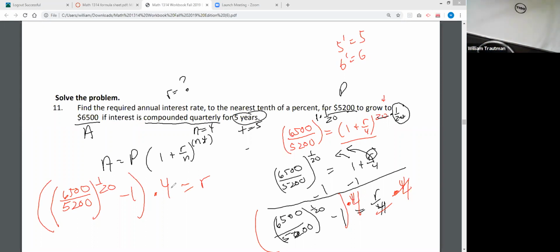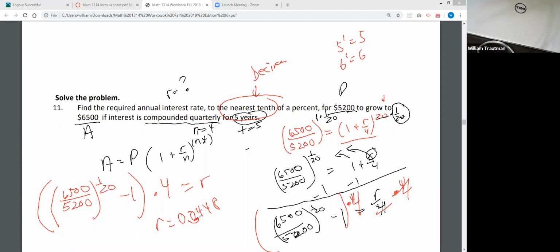When I type it in, I get an R of 0.0448. It tells us to the nearest tenth. Tenth is 1 decimal place. But don't forget, this is a decimal number. We need the interest rate, the percentage.